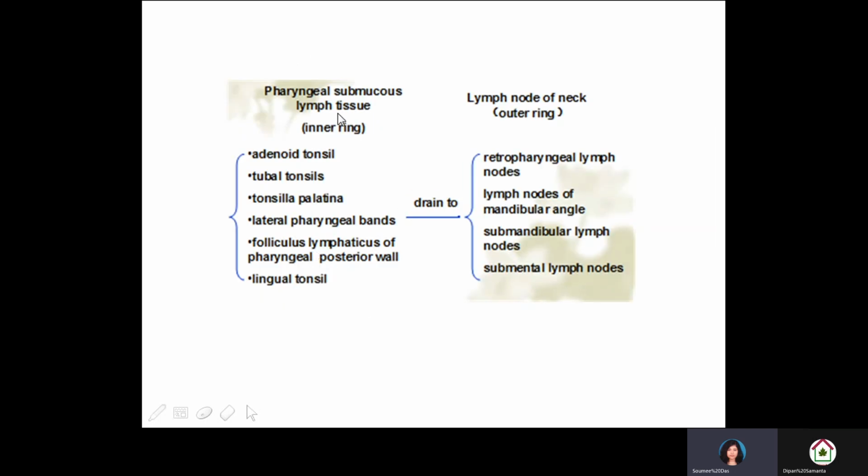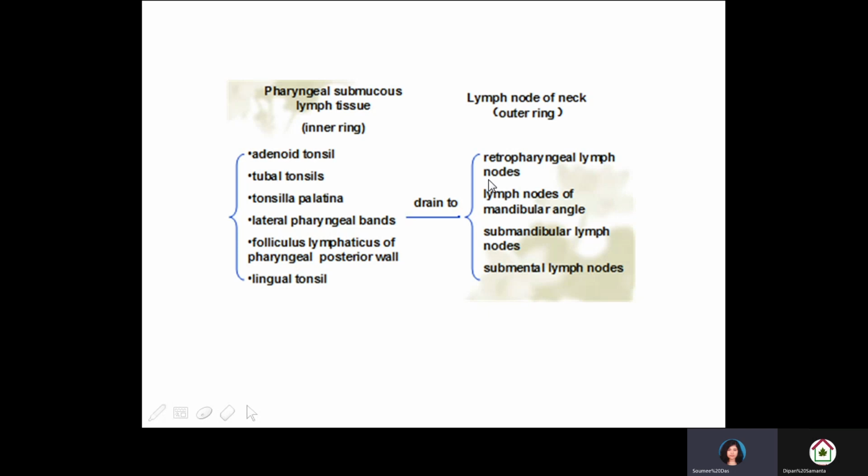So pharyngeal submucosal lymph tissues, or inner pharyngeal ring, are composed of adenoid tonsil, tubal tonsil, tonsilla palatina, lateral pharyngeal bands, folliculus lymphaticus of pharyngeal posterior wall, and lingual tonsil, and all these portions drain into a group of lymph nodes, also known as the outer pharyngeal ring.